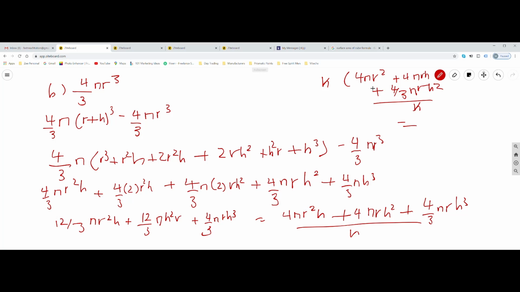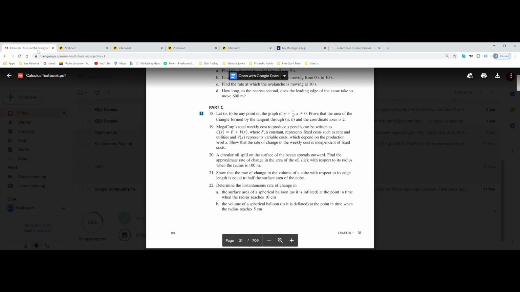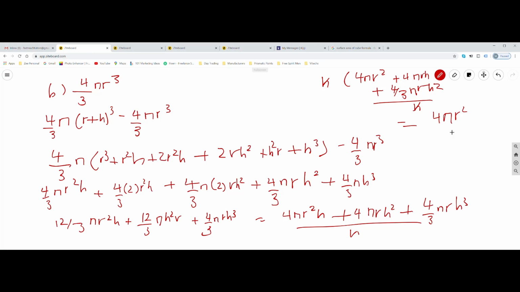And when you substitute h equals 0, you're left with 4 pi r squared, and the radius is 10. No, the radius is 5. So you have 4 pi 5 squared is equal to 100 pi.